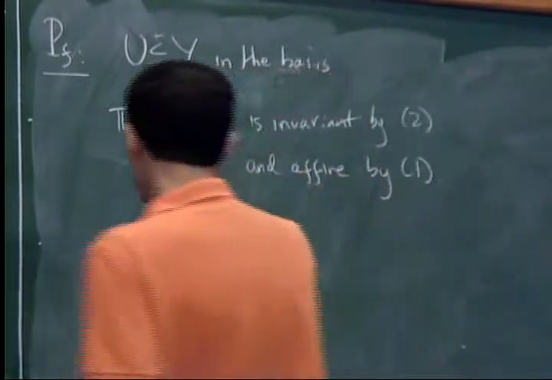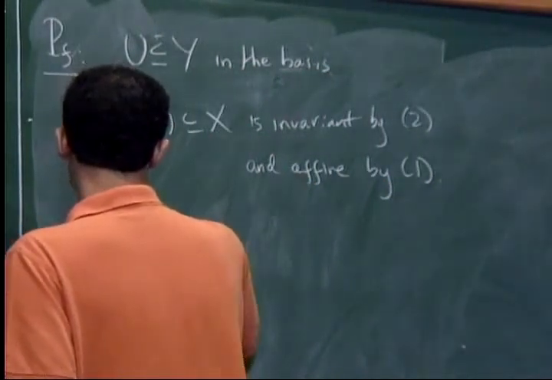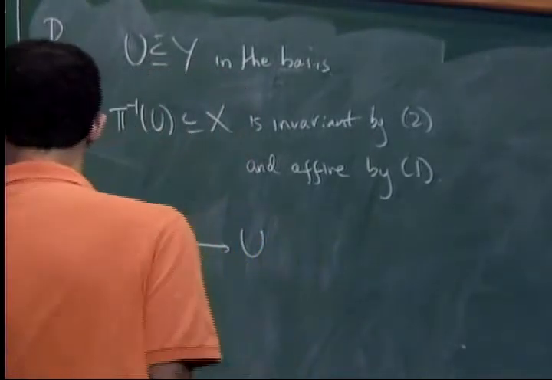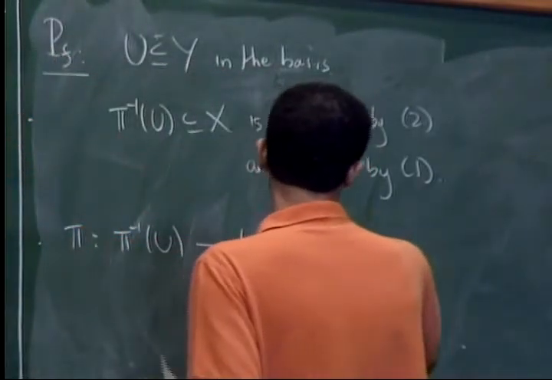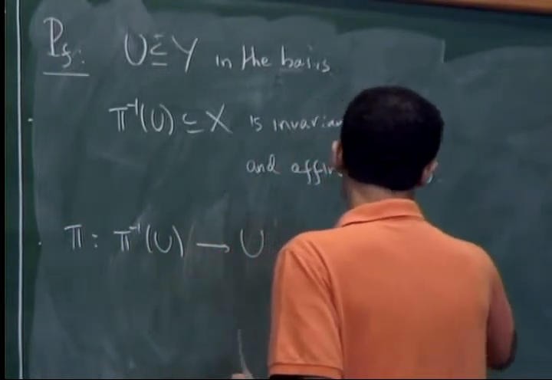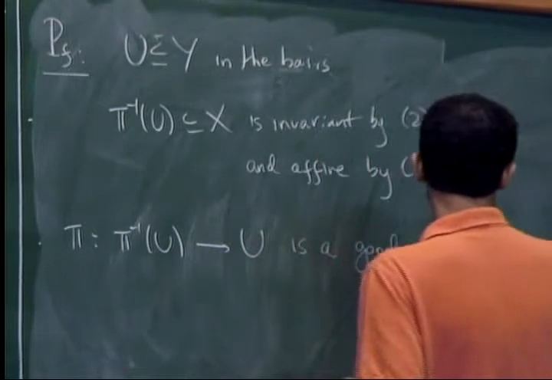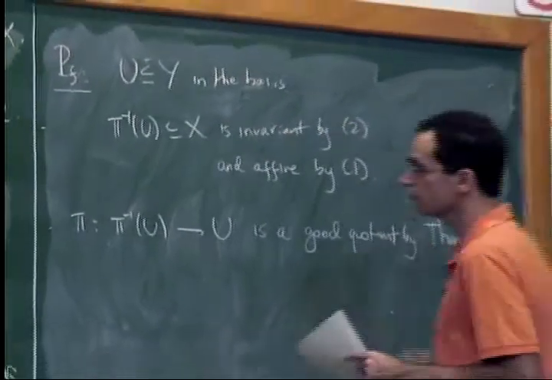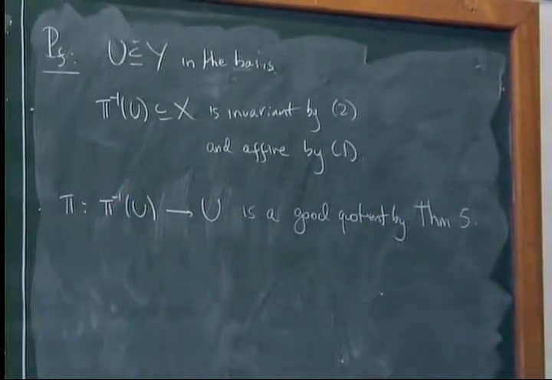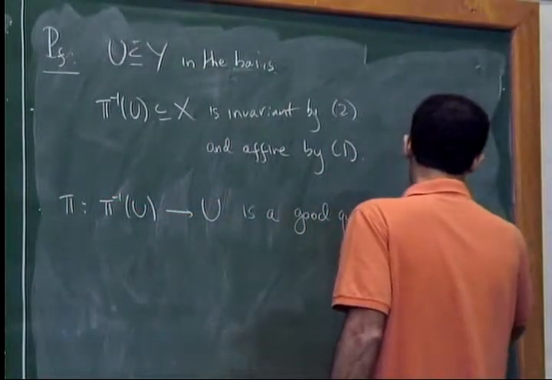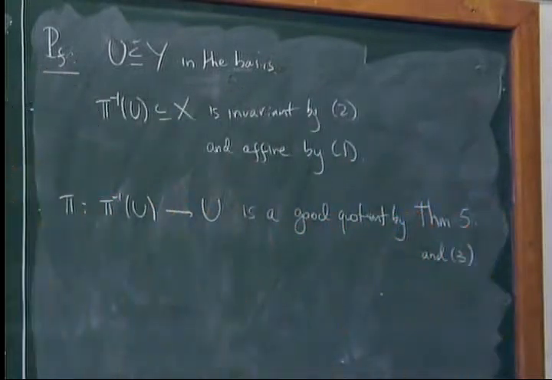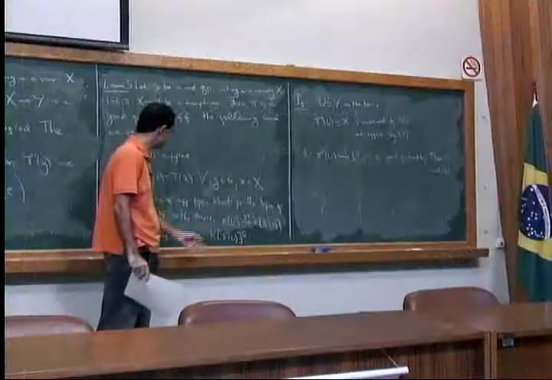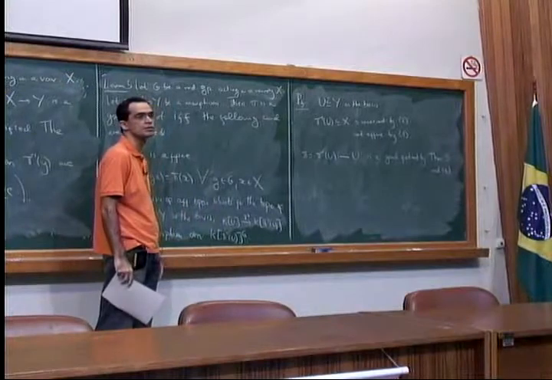And the map is a good quotient by Theorem 5 and 3. What this is saying is that the ring of U is the ring of invariants. And for a reductive group acting on an affine variety, that's the good quotient.